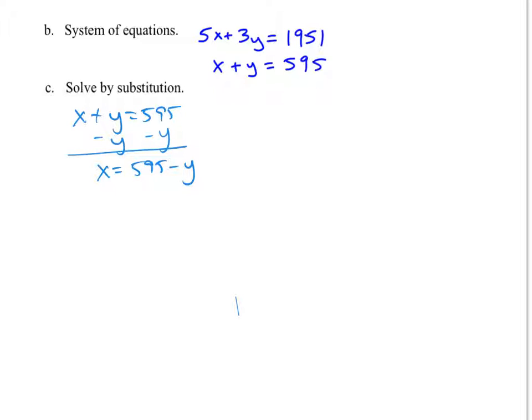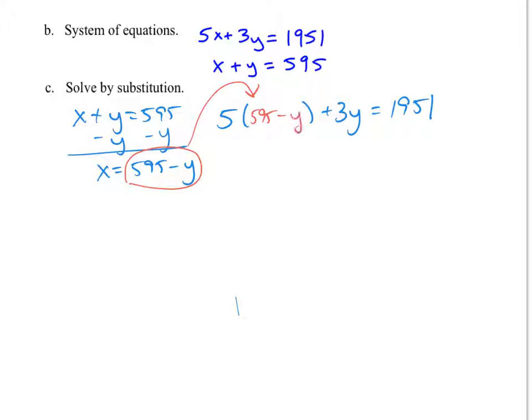Now I rewrite my first equation, 5, leave a blank where there's an X, and fill the rest of the equation in. Now I'm going to take what X is equal to, this whole thing, and I'm going to substitute it in here. So 595 minus Y gets substituted in. Now that I have that set up, I need to use the distributive property.